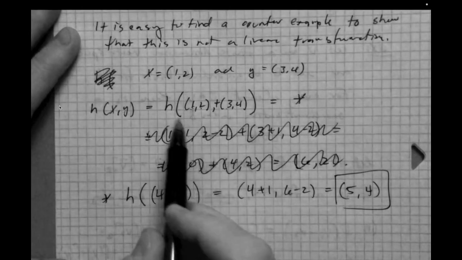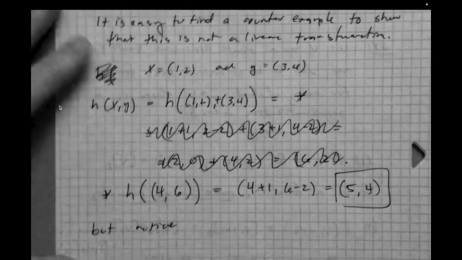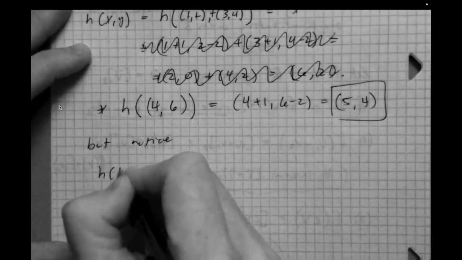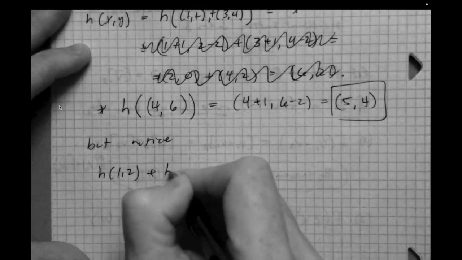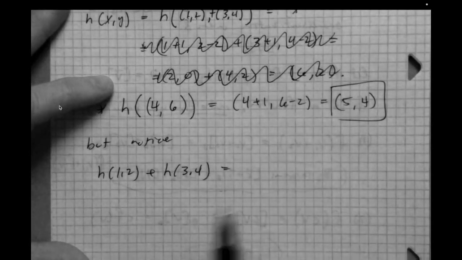If I apply h separately, notice that h of (1, 2) plus h of (3, 4) is what we actually did here by mistake.